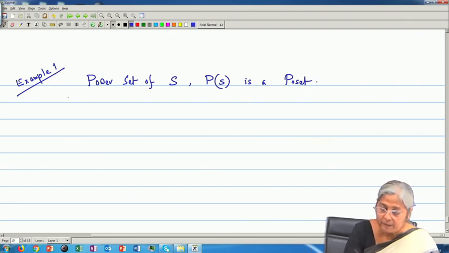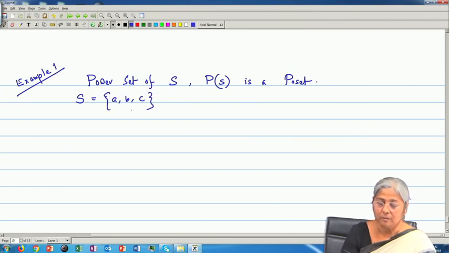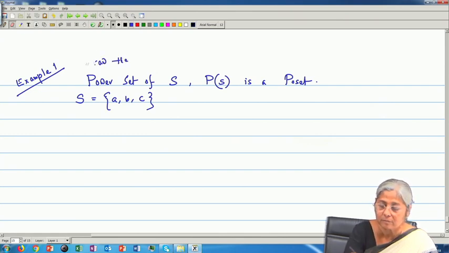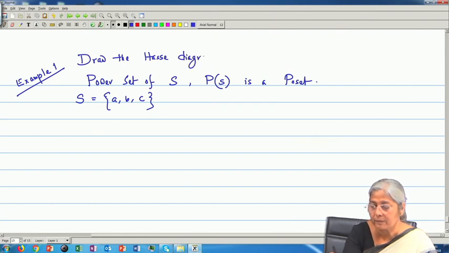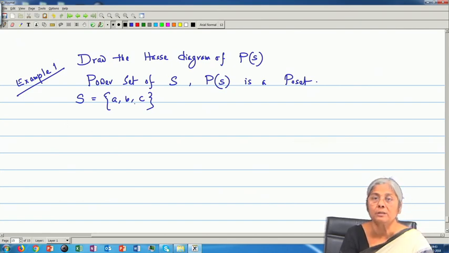Now, if we consider the set S with 3 elements, then we can draw the Hasse diagram of the power set of S. If we remember the elements of the power set, S equal to ABC, the elements will be 2 to the power 3, that is 8.